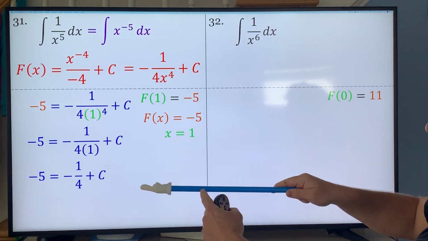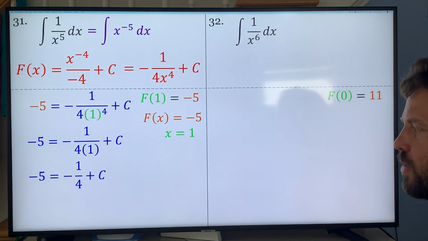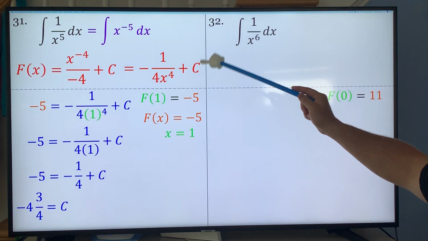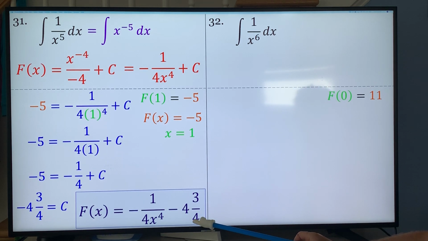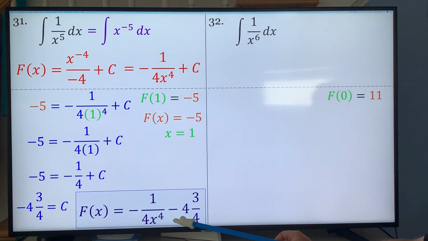So you have negative 5, you're adding 1/4, so it gets closer to 0. So it's actually negative 4 3/4 plus c. F of x equals negative 1 over 4x to the 4th minus 4 3/4. Right? Or negative 1/4 x to the negative 4 minus 16 plus 3, 19 over 4. Like I said, multiple answers.